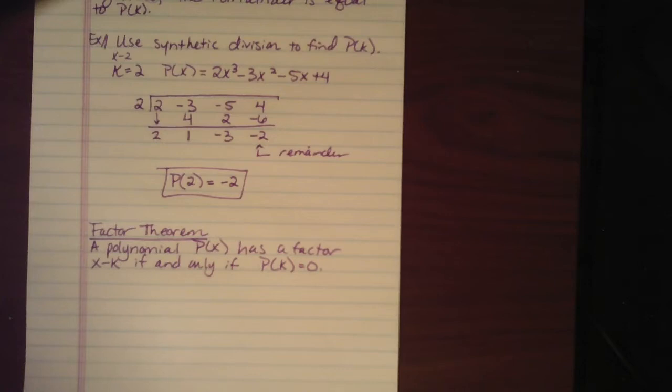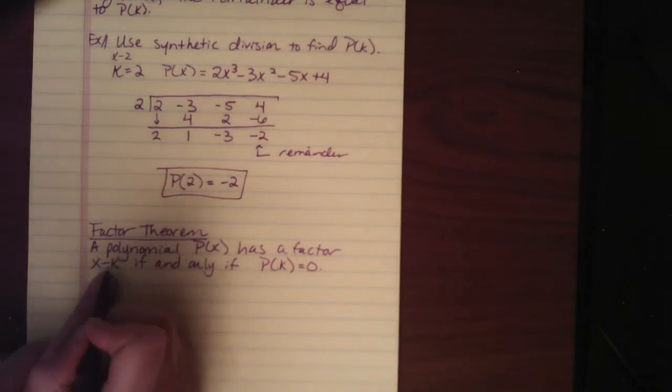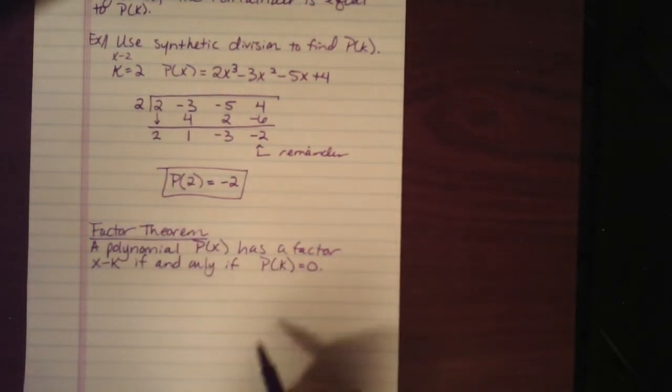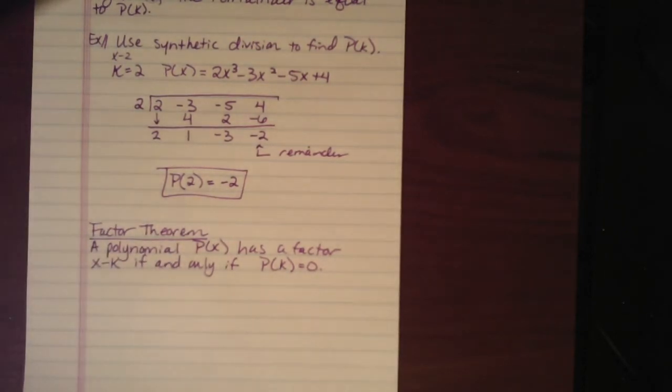Okay, a polynomial has a factor x minus k if and only if P of k is equal to 0. So if we plug our k value into our polynomial and that equals 0 when we plug it in, then x minus k is a factor.